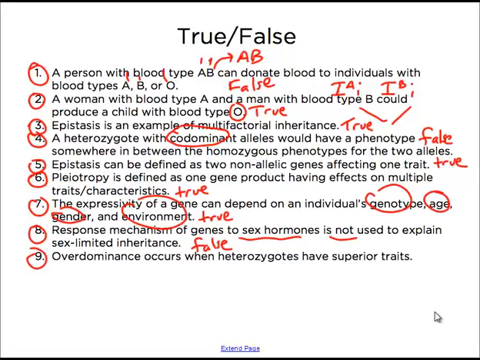And lastly, overdominance occurs when heterozygotes have superior traits. Well, that's true, and again, it's not very helpful, but that's the definition of overdominance. So sometimes this phenomenon is referred to as heterozygote superiority or hybrid vigor, you may have heard. But a great example is with the sickle cell anemia gene.